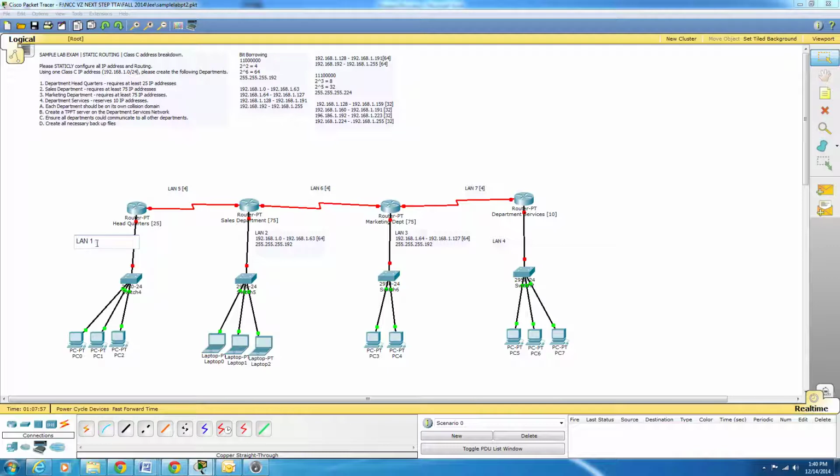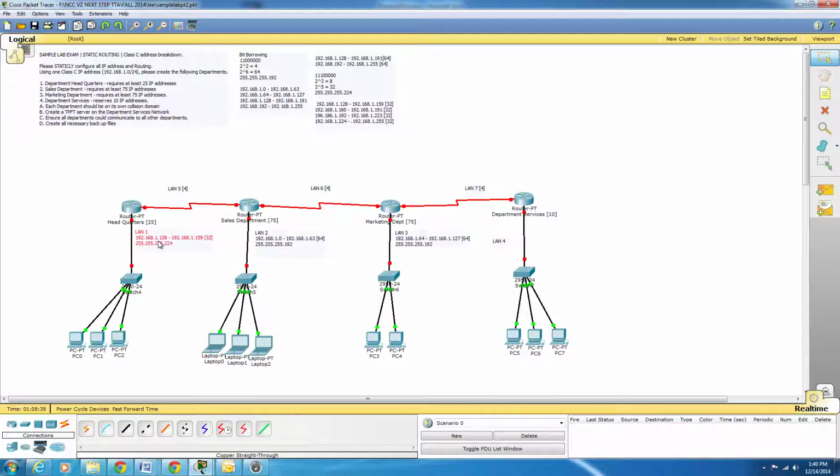So let's do that right now. LAN 1 is going to take 192.168.1.128 to 192.168.1.159, and this is a complete block of 32 IP addresses, and we are going to use the subnet mask of 255.255.255.224, and that should be all the information we need for LAN 1.